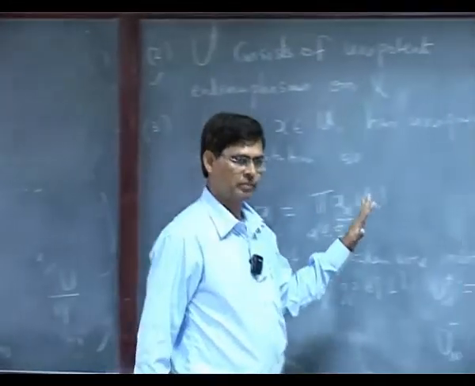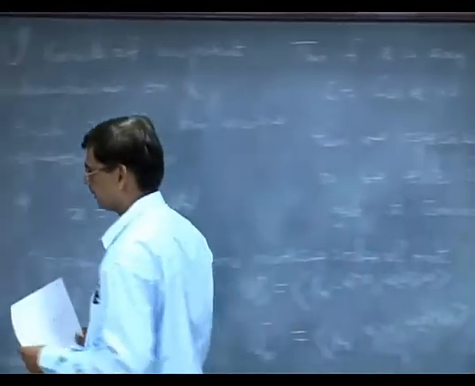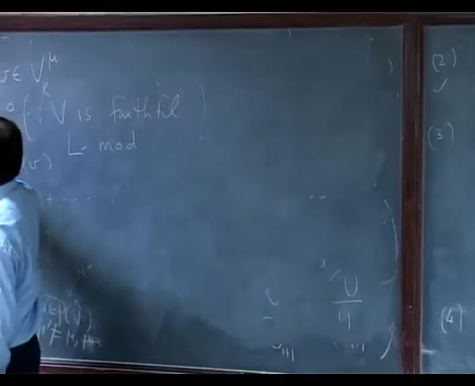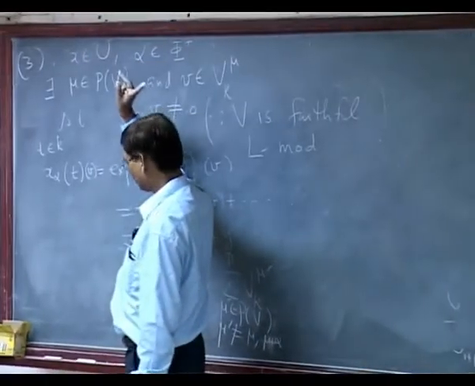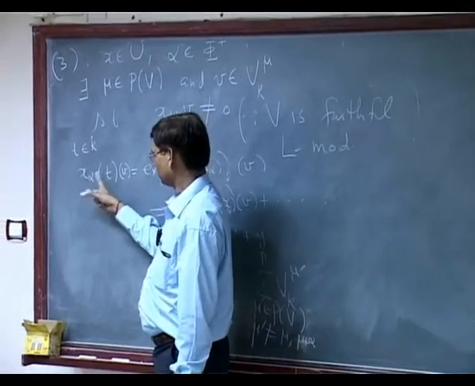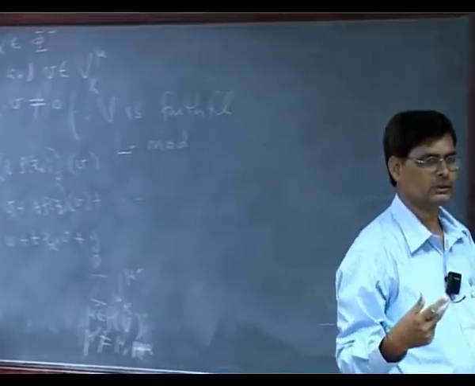Suppose you have two different representations of x, that is, suppose x is written in two different ways. What does it mean? That means the coefficients of x_alpha are t1 and t2, and so on.